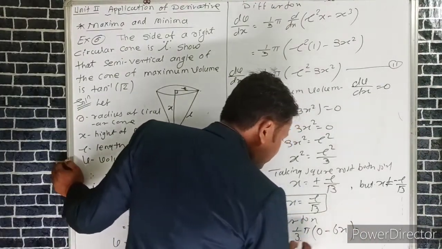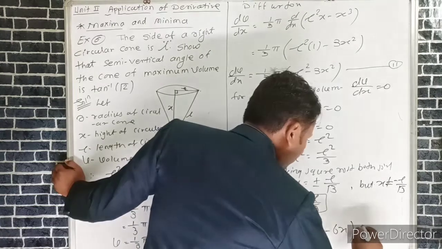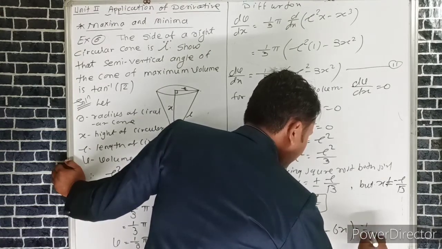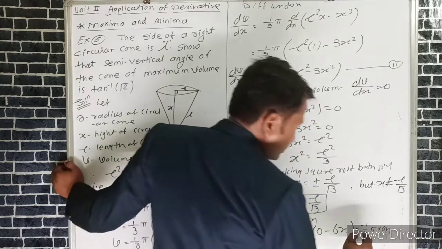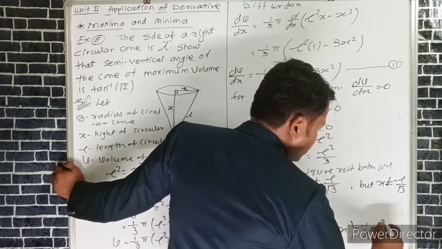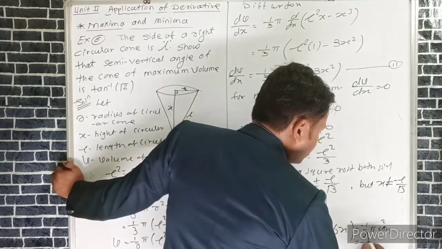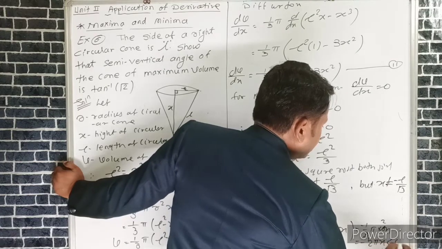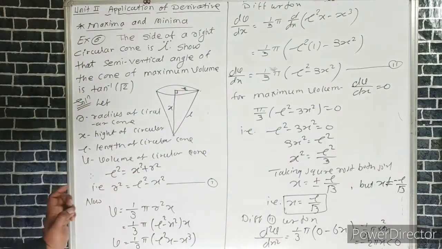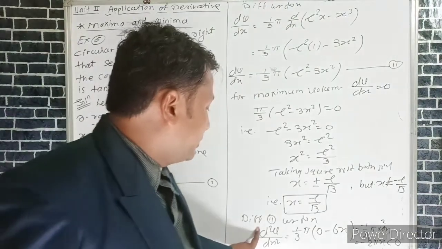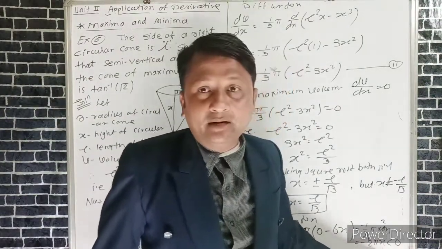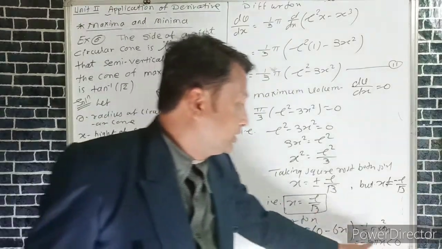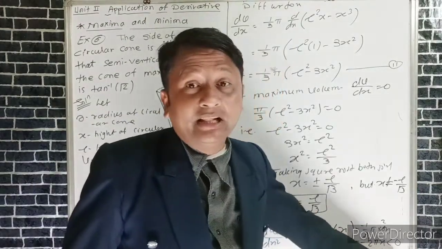We can write it as minus 1 by 3 pi into 6x, which is minus 2 pi x, which is less than 0. The second order derivative d2v upon dx square is minus 2 pi x, which is a negative value, so we can say that it is less than 0.